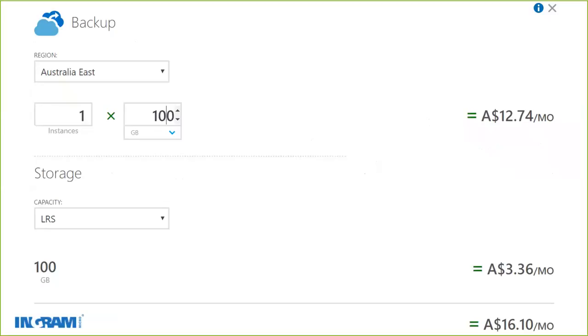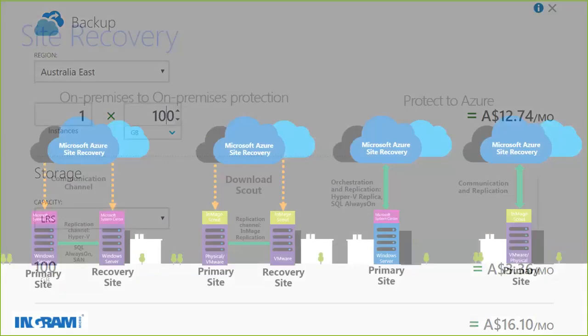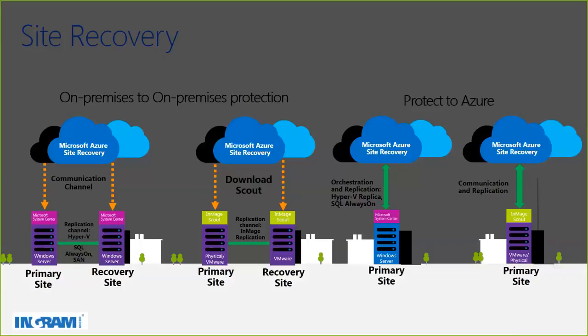Now, if we want to take our protection of our environment a step further, and we, for example, have the SBS box maybe running on a hypervised environment, we can also use Azure to do our site recovery, right? So if you haven't played with the site recovery, it is a standard feature of Windows, so you can do site recovery between two Hyper-V machines.